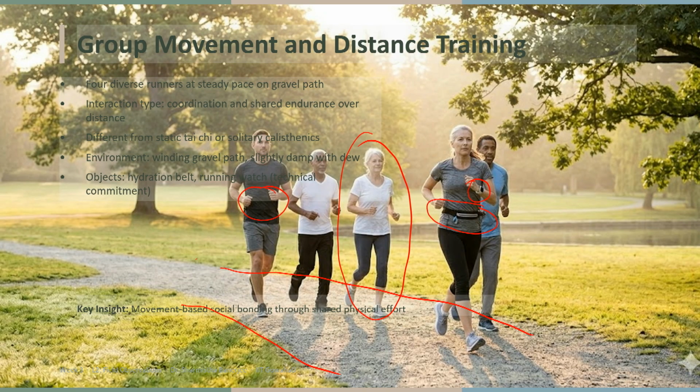Here in this case, there is more talking happening. Some people who are running shorter distances and for more fun, like this group in the back, are talking about certain things in their life, whereas this lady who is focusing more on distance running is more focused on running and is less into the social interaction part of it.